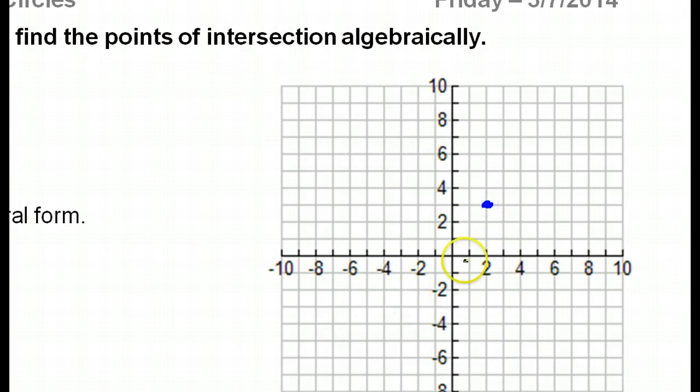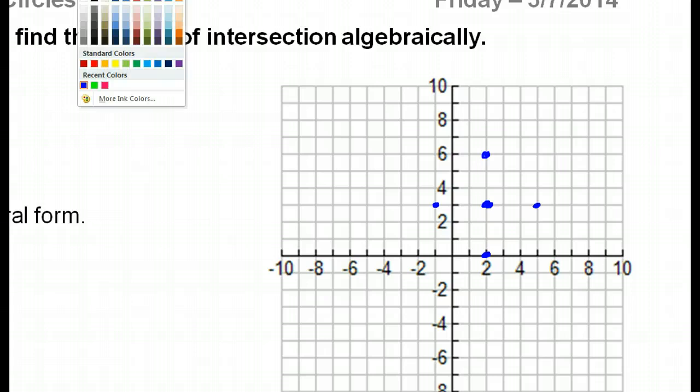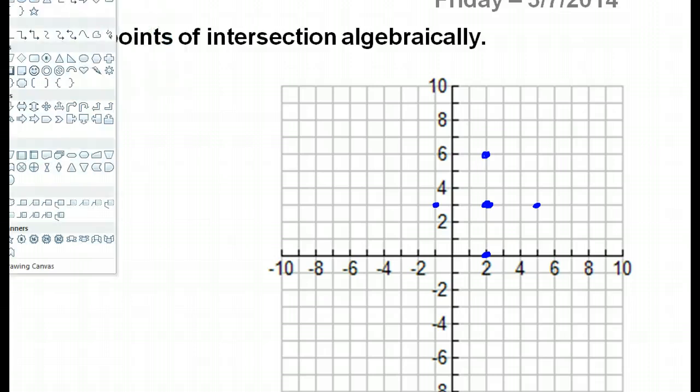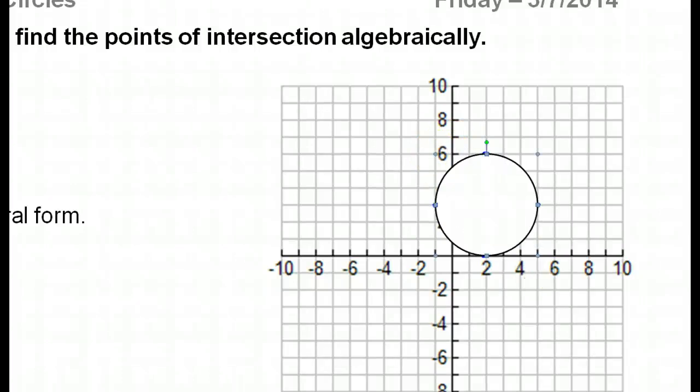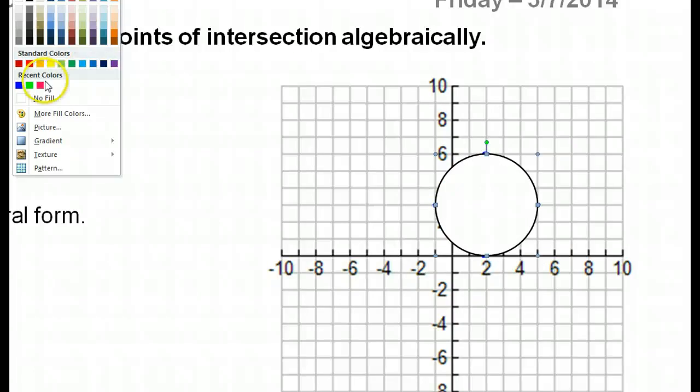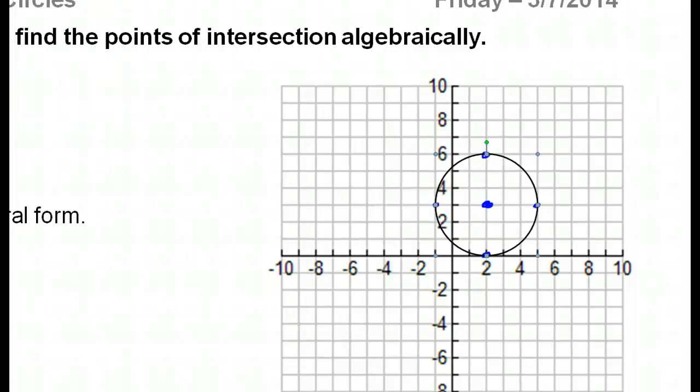There's my center, and it said radius 3, so we're going to go out 3 in all directions. Okay, so that's one of my circles. Let's go ahead and draw the actual circle as best we can. Okay, so there's the first circle.